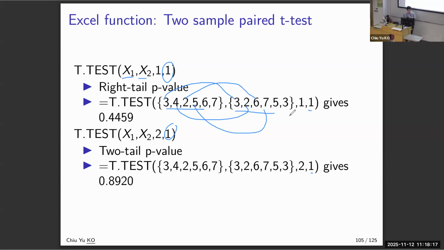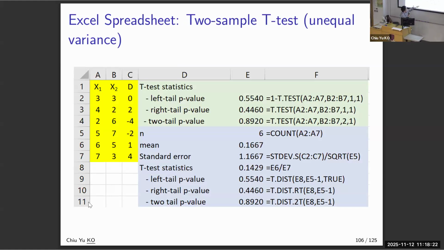So this is how we can calculate that, right? I think I have somehow missed this average here. Okay, this is just the average of C2 to C7.